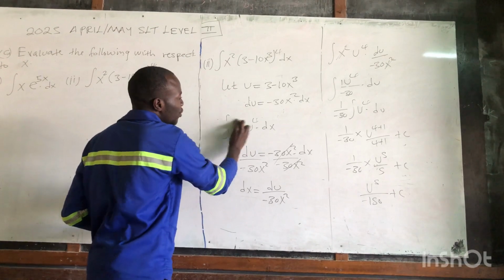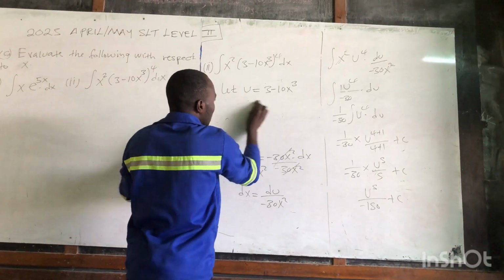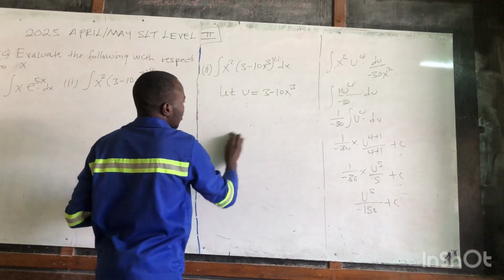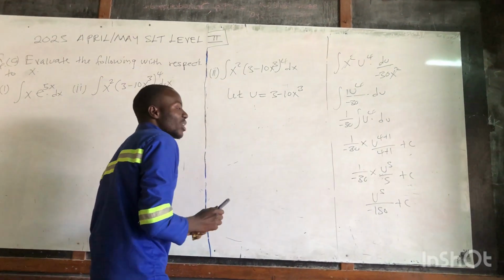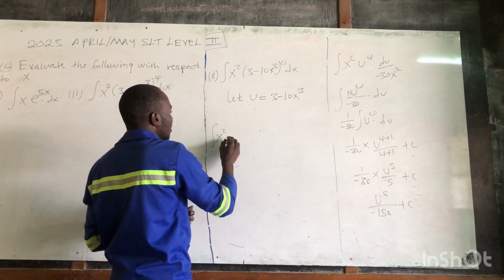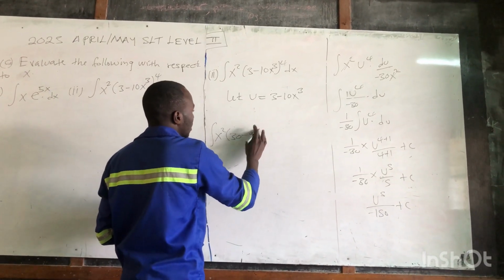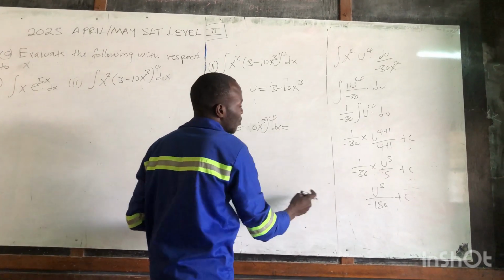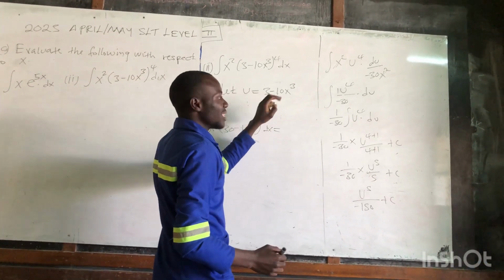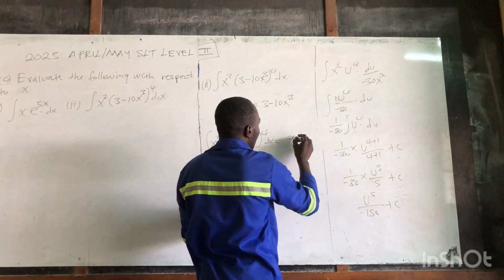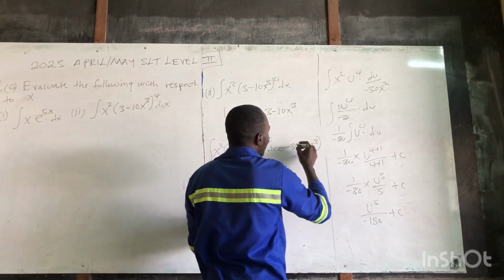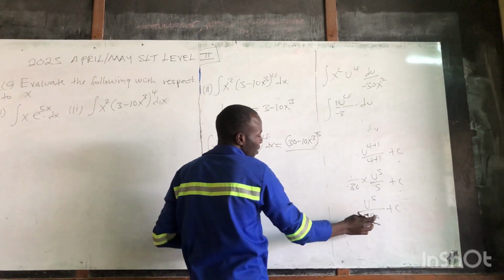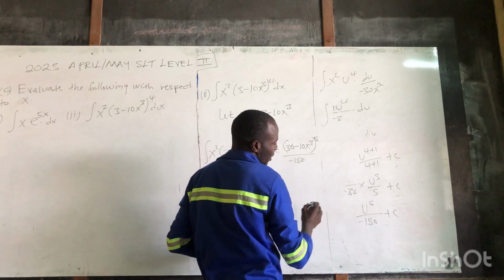You know u, the one which you made, u was this one. So, meaning final answer: since we are integrating with respect to x, we should have x, not u, in the answer. Meaning the integral of x squared times (3 minus 10x to the power 3), everything raised to the power 4 dx, is equal to, where there is u, I'll put the u part which we let at first, 3 minus 10x to the power 3, everything now raised to the power 5, over negative 150, plus c.